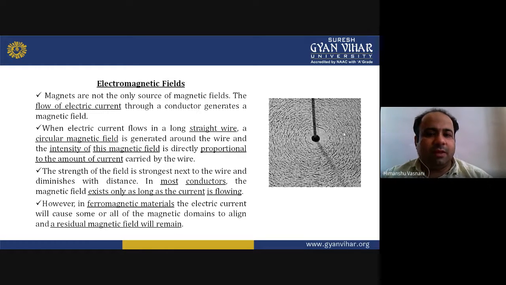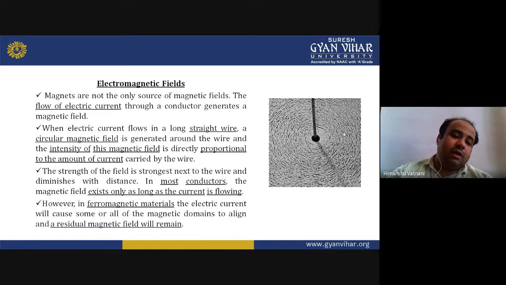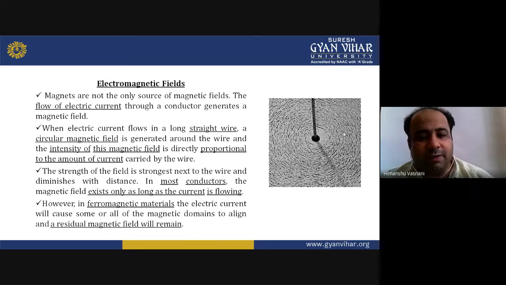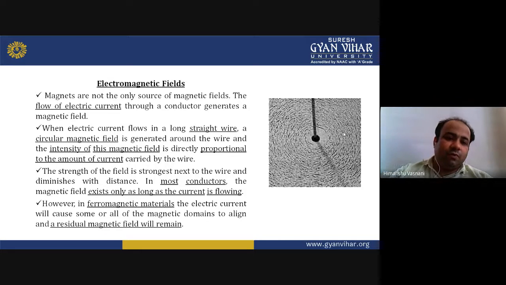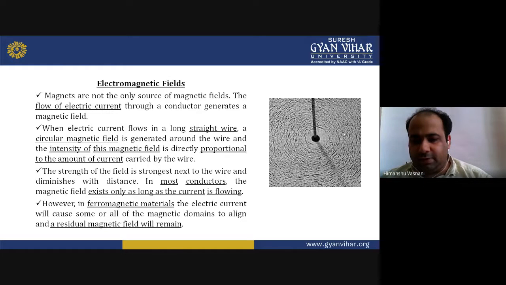However, in ferromagnetic materials the electric current will cause some or all of the magnetic domains to align, and a residual magnetic field will remain. In this way, you can see that in the case of ferromagnetic materials, if you remove the current, a residual magnetic field will remain.